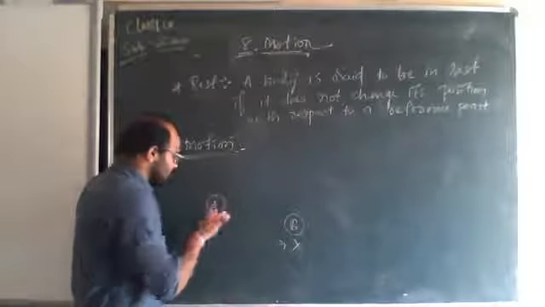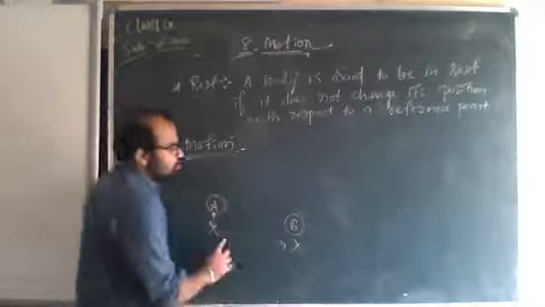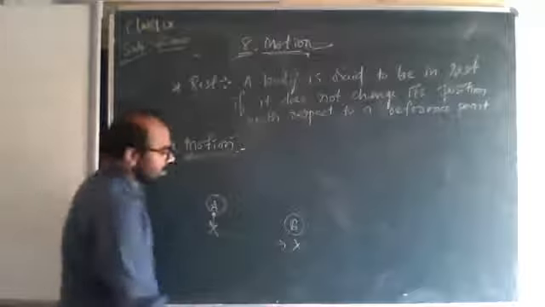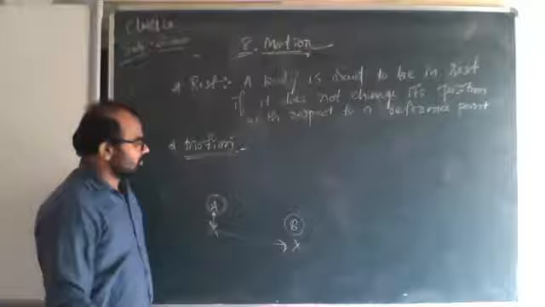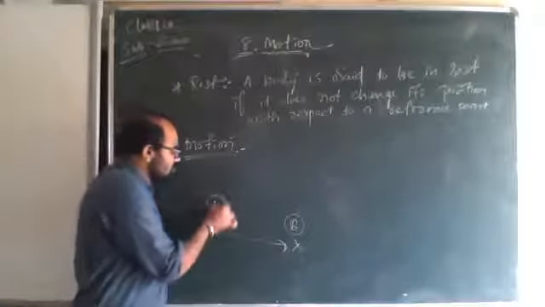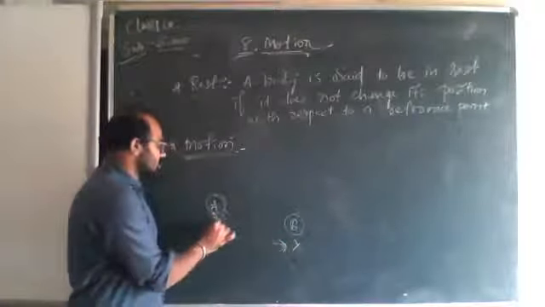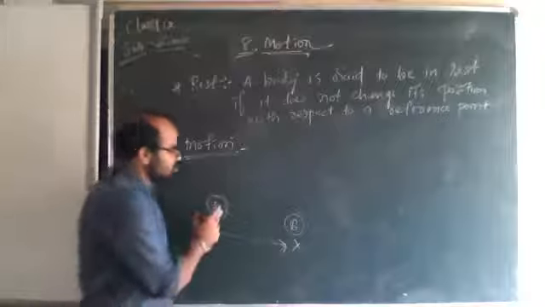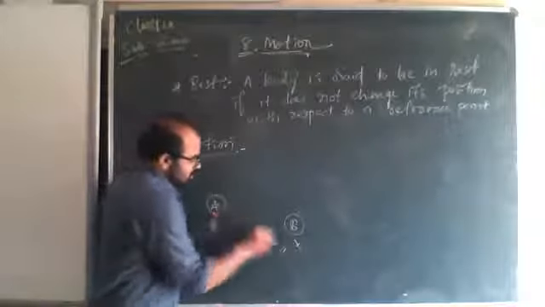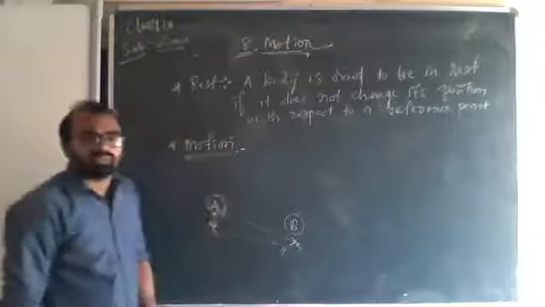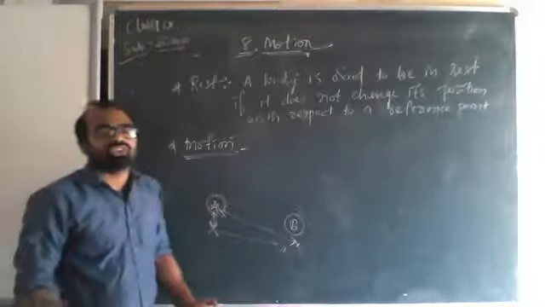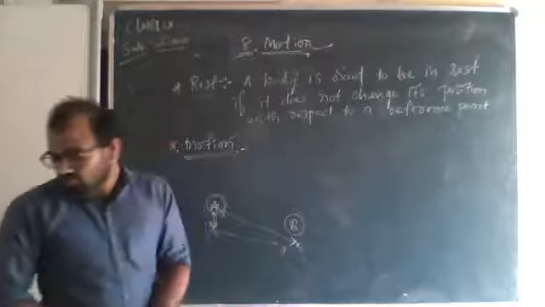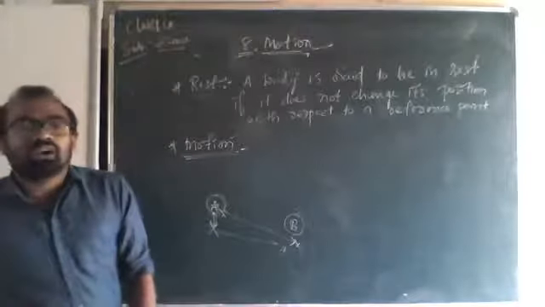Let me say this is the distance. He has moved here. Now the distance has changed, isn't it? The distance between A and X has changed to this much. So it is changing now. When it is changing, it means it is in motion. So how can we say that?